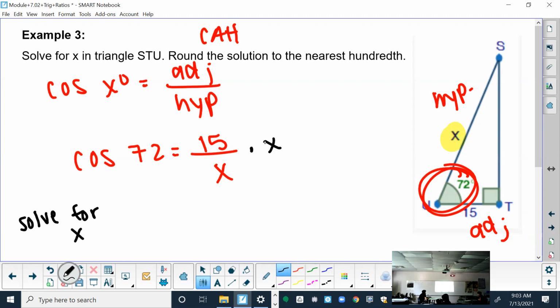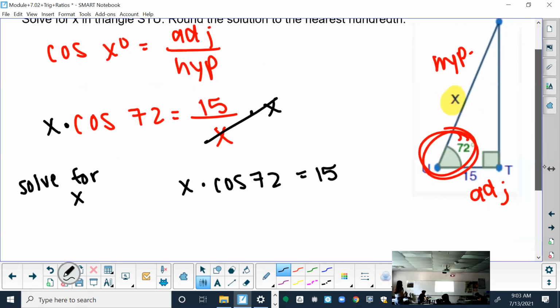is multiply by x. I know it seems weird when we're trying to get x by itself, but it'll be easier to isolate if it's on the left side. There's no easy way to isolate it on the right side right now. So on the right side, we cancel it out. Now we have x times the cosine of 72 equal to 15.